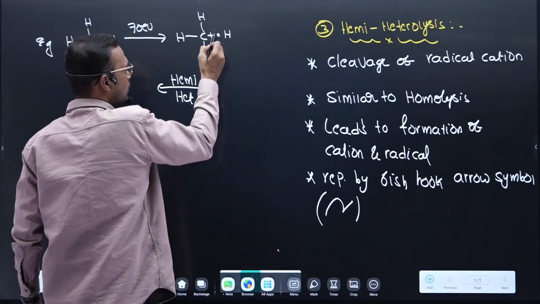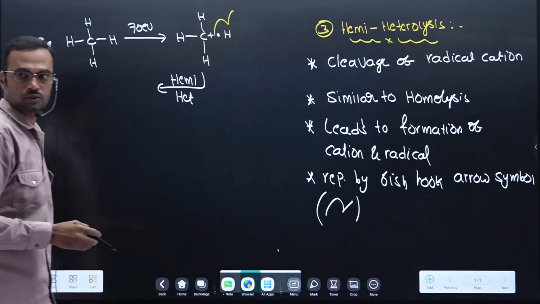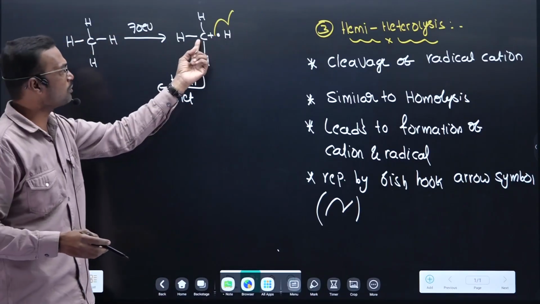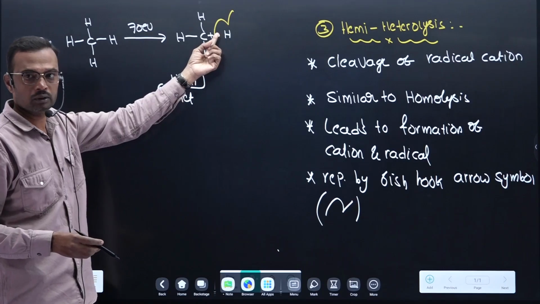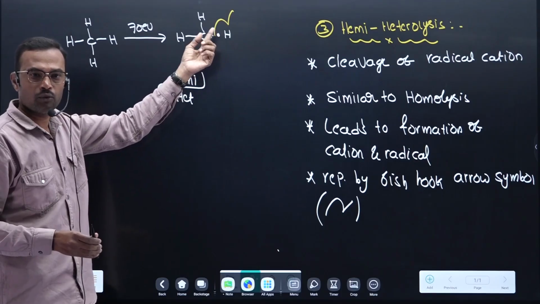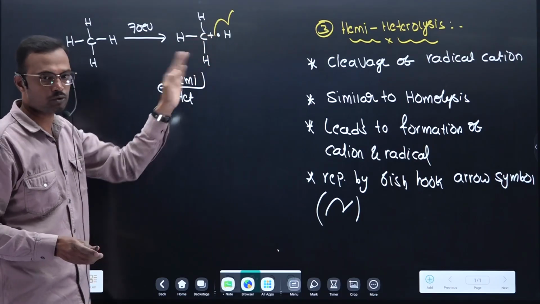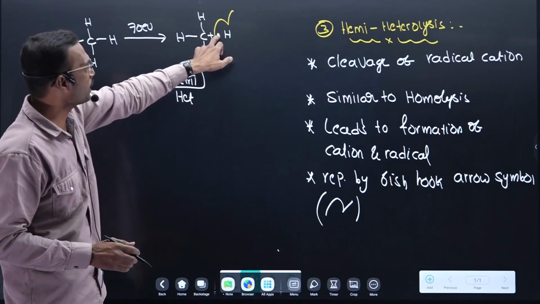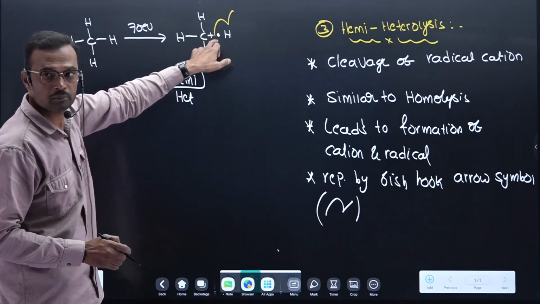Here if I break, this is called hemi-heterolysis. How many bonds are present between carbon and hydrogen? Only one bond. This bond carries how many electrons? Only one electron. Whichever side the electron is present, to that side you need to transfer. See, this hydrogen carries the radical, and carbon carries the positive charge.